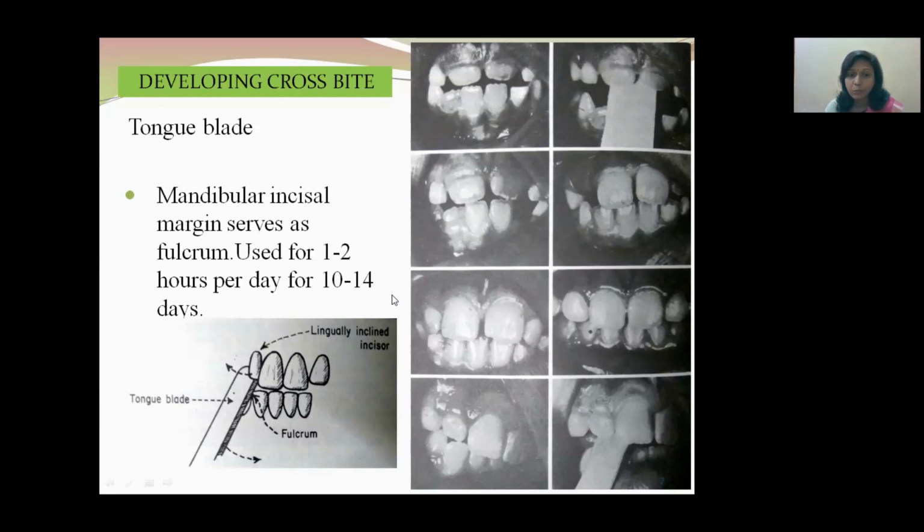With the use of this tongue blade for 1 to 2 hours per day for 10 to 14 days, this erupting permanent incisor can be placed into the proper labial position. This picture depicts the corrected position of the maxillary incisor.